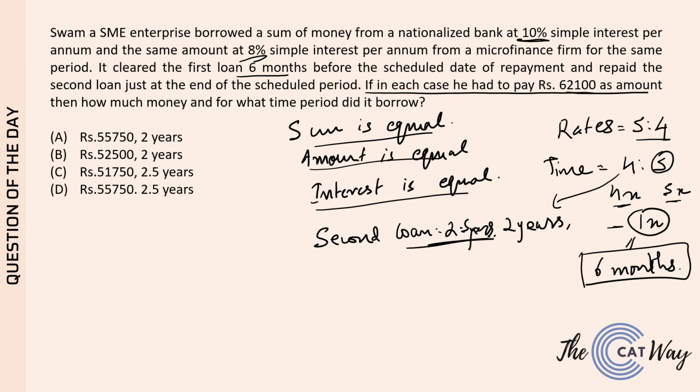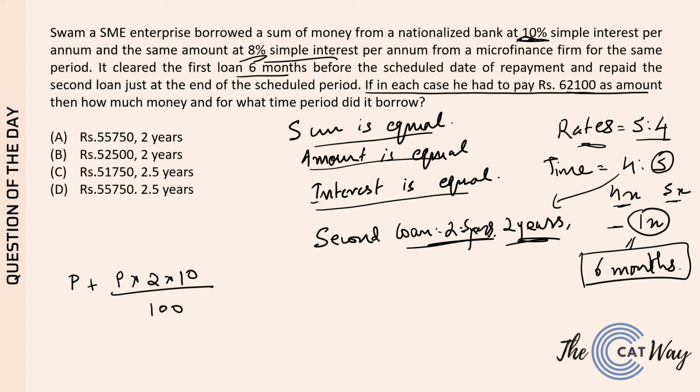So for calculating the sum, because it is simple interest, we can directly put up the formula. The formula will be principal plus principal into time into rate divided by 100. We can take the first case, the 10% one. So time will be 2 years because it was submitted in 2 years, and the rate of interest would be 10, divided by 100.